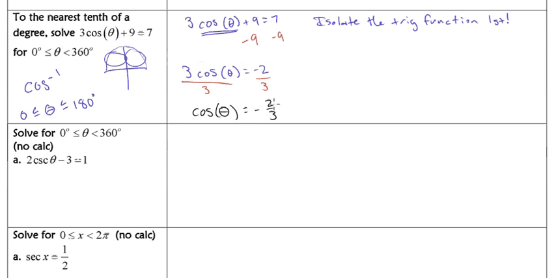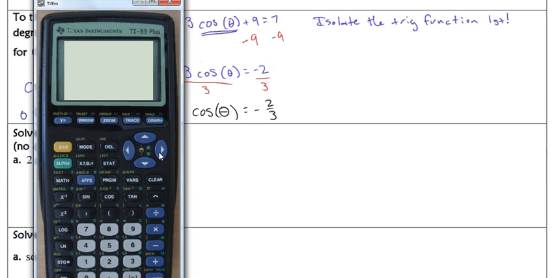All right, and so from there, let's find out what that angle is. So we're going to do our inverse trig functions, specifically for cosine. So the inverse of cosine of negative 2/3, and you get 2.3.